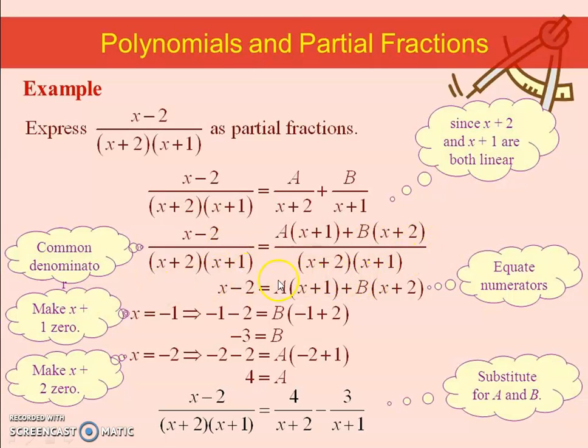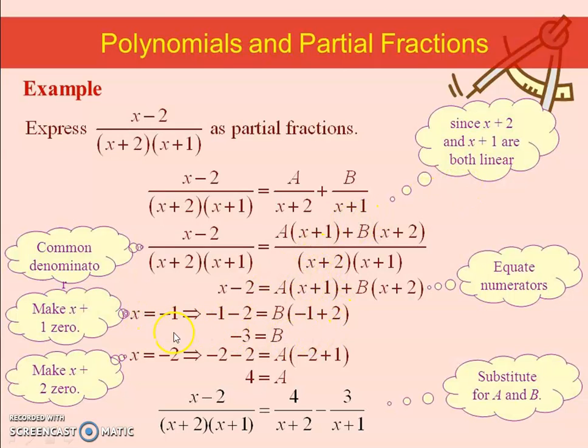All these get cancelled, so only the numerator remains, that is x minus 2 is equal to capital A (x plus 1) plus capital B into (x plus 2). Now we have to equate the numerator. Here the first factor is x plus 1.